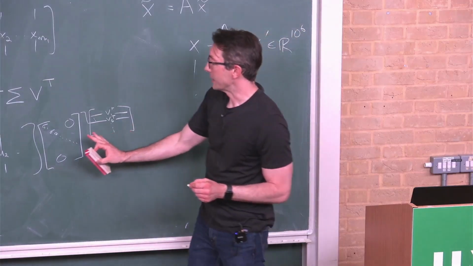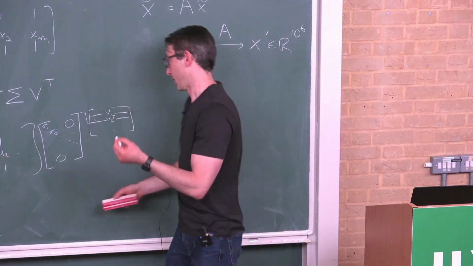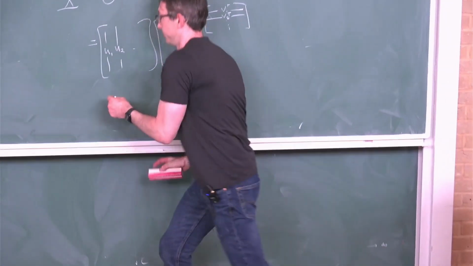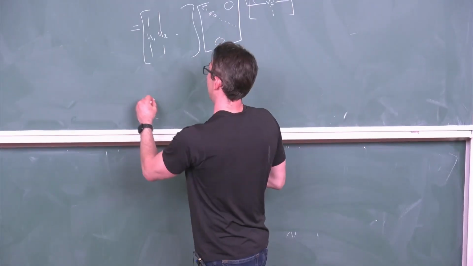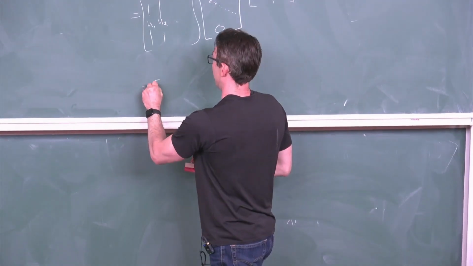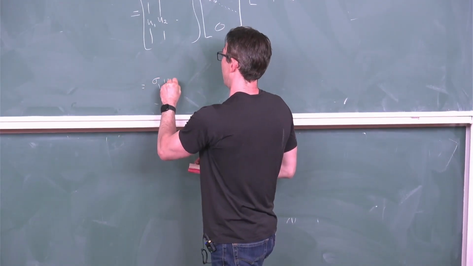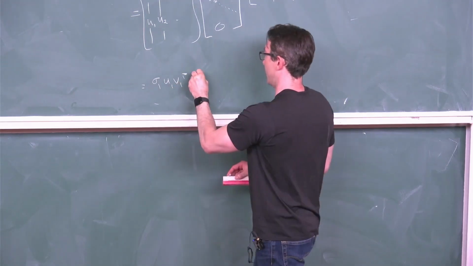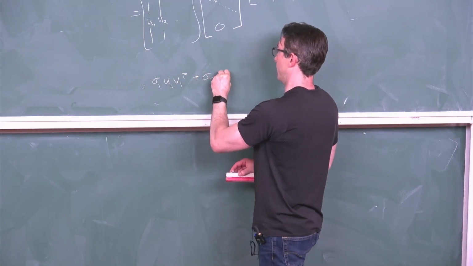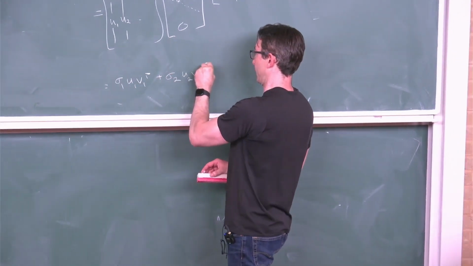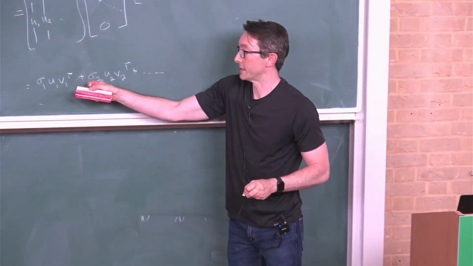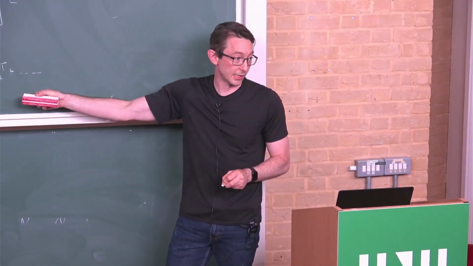What this means is that I can approximate this, again, one more approximation, as sigma 1 U1 V1 transpose plus sigma 2 U2 V2 transpose plus dot, dot, dot. These are a sum of rank 1 matrices.